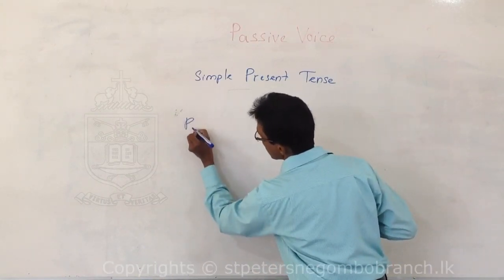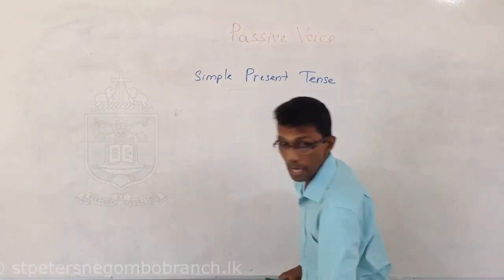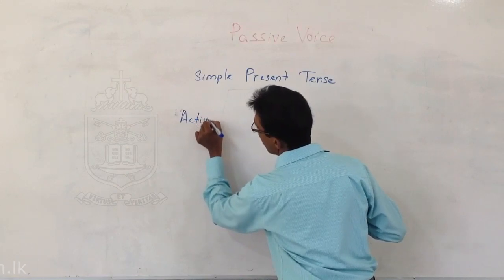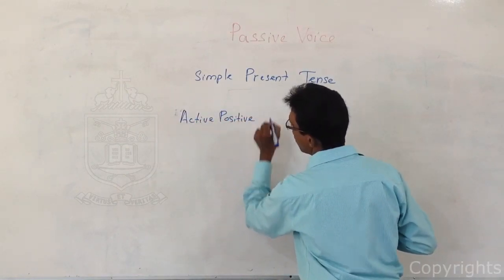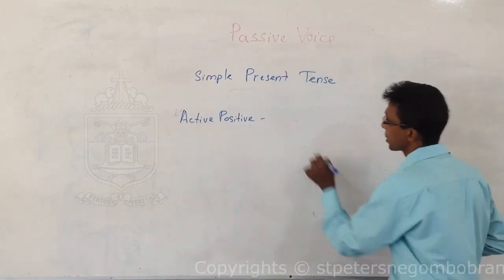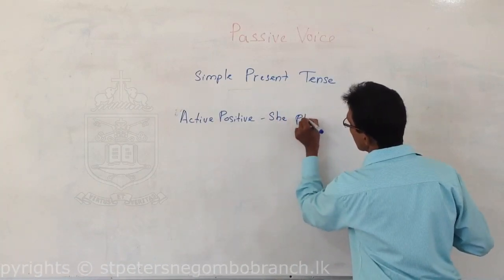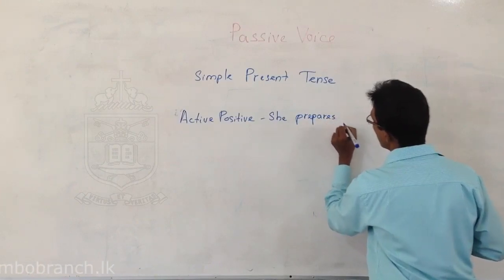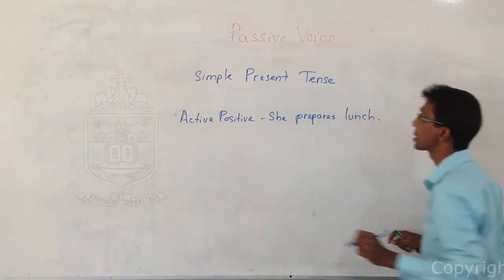We can take sentences like, first we write active positive. For example, we can take a sentence like, she prepares lunch. There is a sentence.